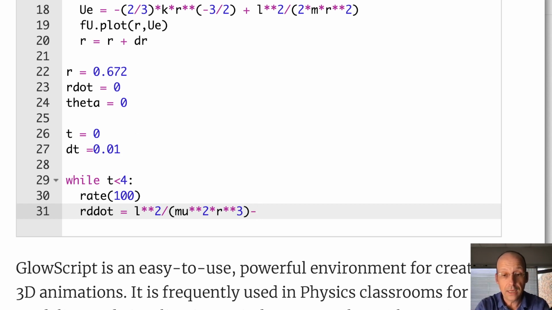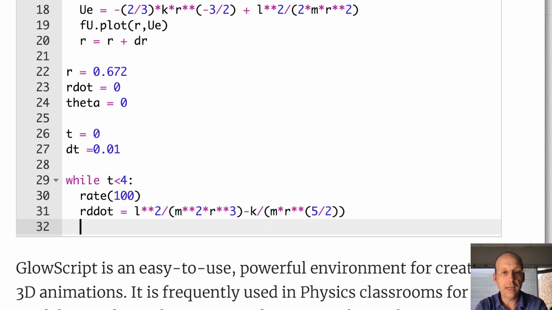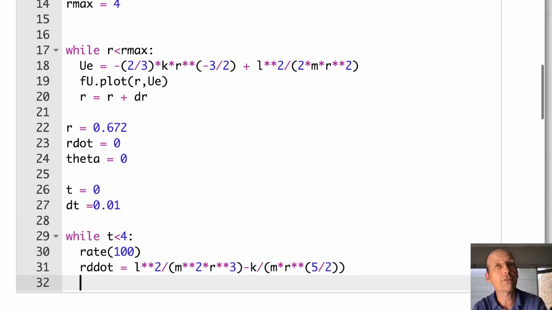And then minus k divided by mu, which is m, times r raised to the 5/2 power.